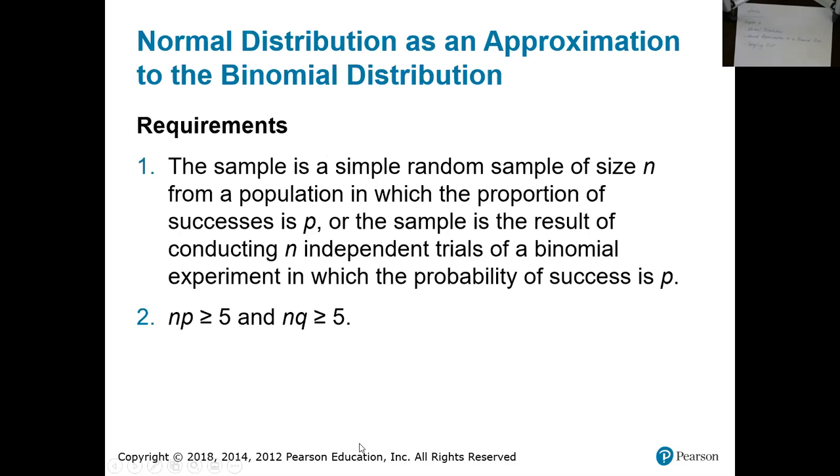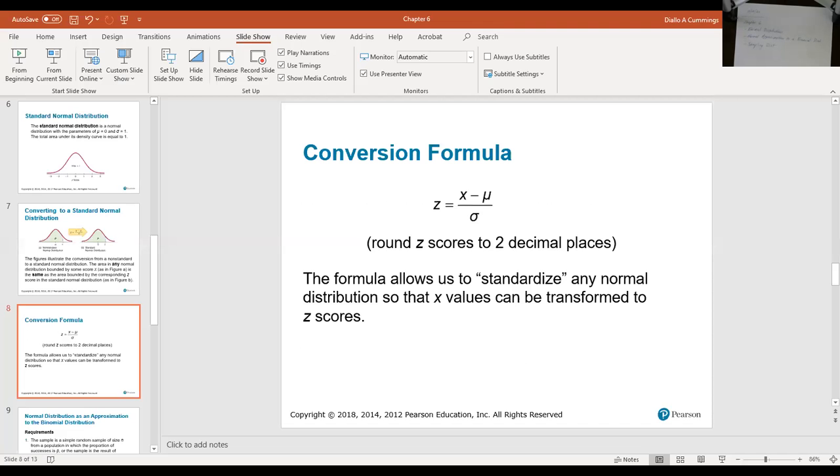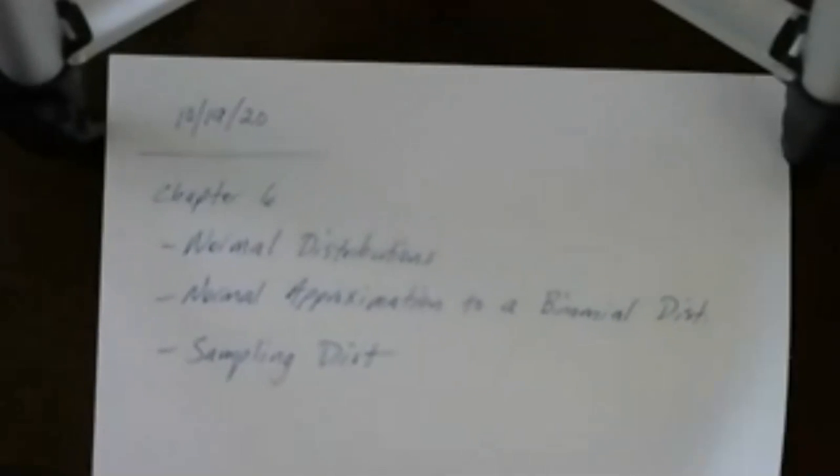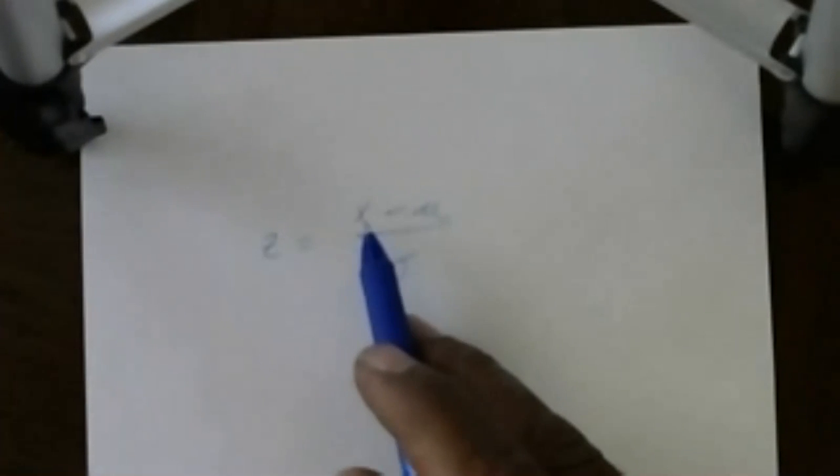I'm going to return to the document camera. So in our document camera, we have Z equal to X minus mu divided by the standard deviation. We can actually solve this for X by multiplying both sides by the standard deviation and adding mu to both sides.